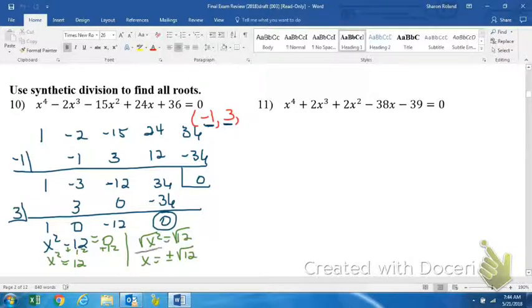And we can leave it like that. We have found the roots. That's going to be positive square root of 12 and negative square root of 12. We were looking for 4 roots and we found them. You can put square root of 12 in the calculator and see what you get, or you can reduce it because it will break down to 2 square root of 3.